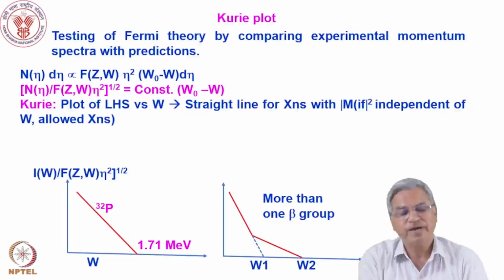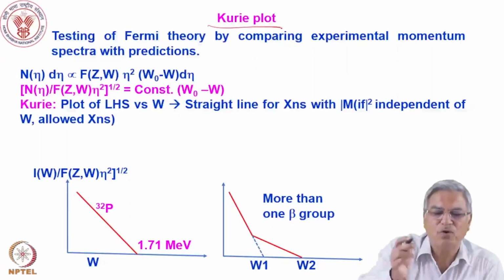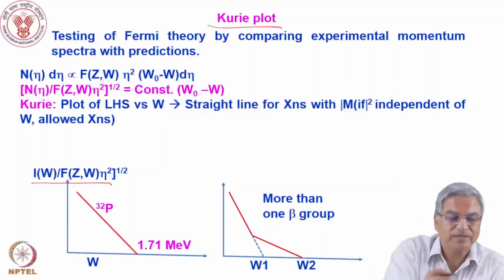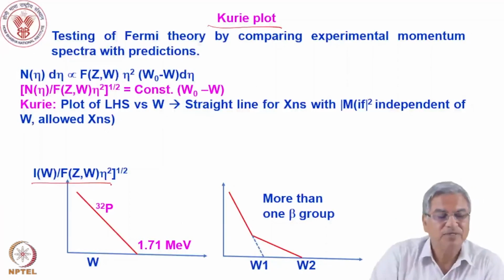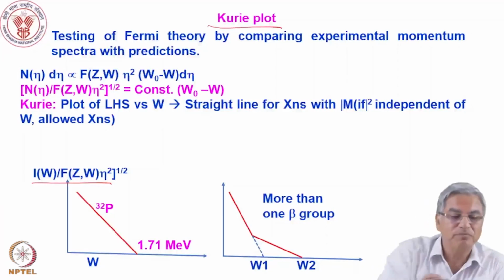The Fermi theory in fact got a boost when it was successfully validated by the Curie plot. Curie came out with an excellent idea of plotting what is called this factor. Let us see what this factor is. When I am saying momenta, it is the relative momentum eta.